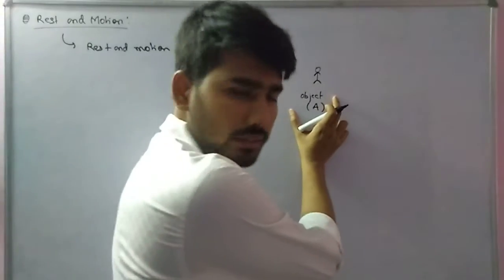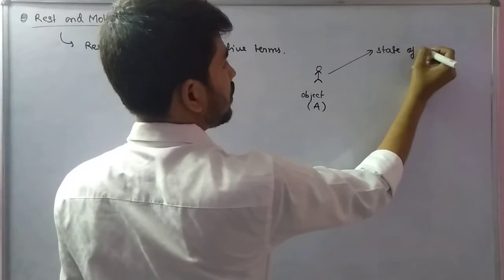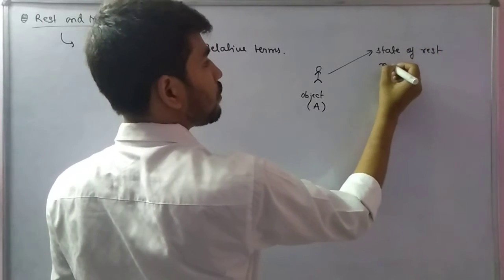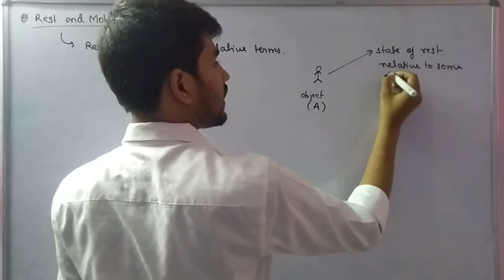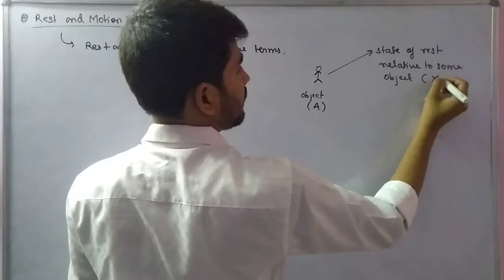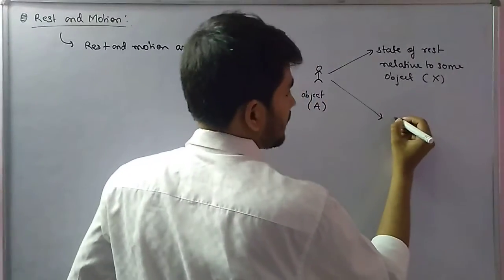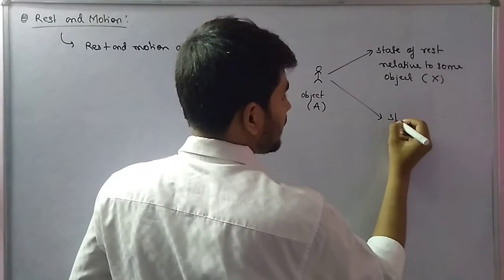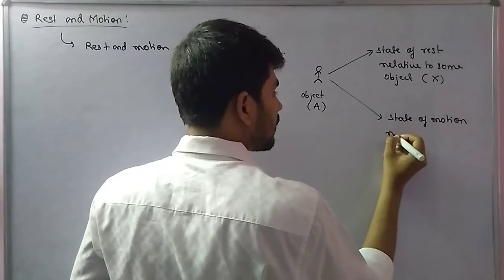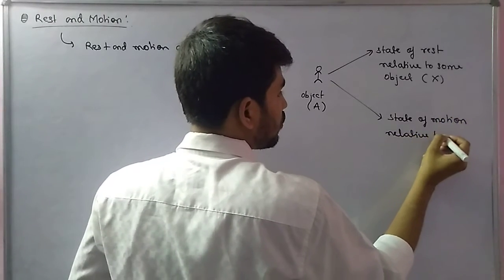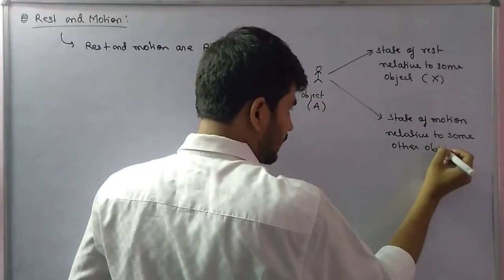Now this object can be in the state of rest relative to some object, say X, and at the same time this object A can also be in the state of motion relative to some other object.